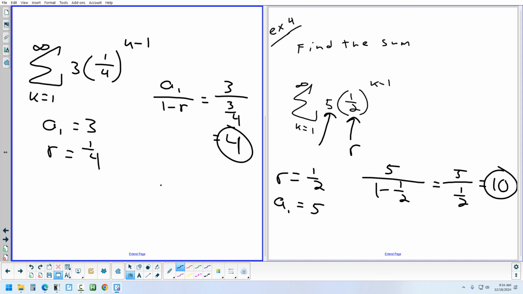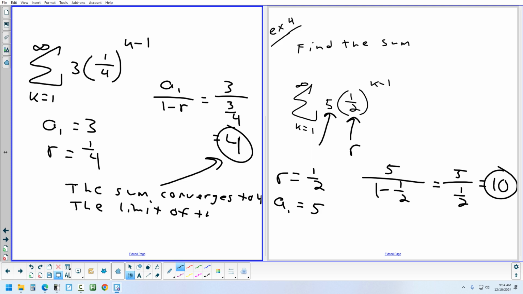There are two ways you can say it, and you might see either way on the test or in the homework. The sum converges to 4, or the limit of the sum is 4. Means the same thing. Converges, limit, it's just an idea of something you're getting close to, but you're not reaching.